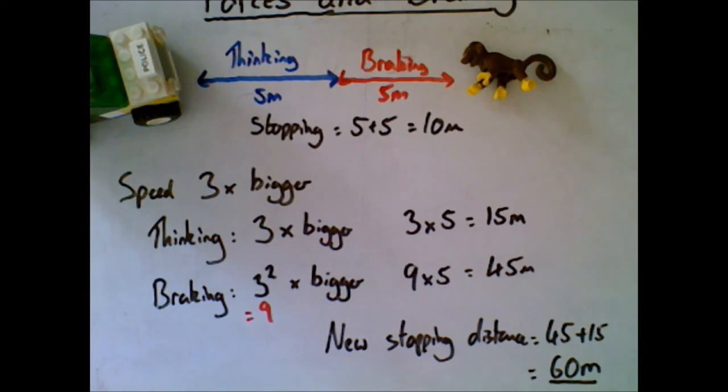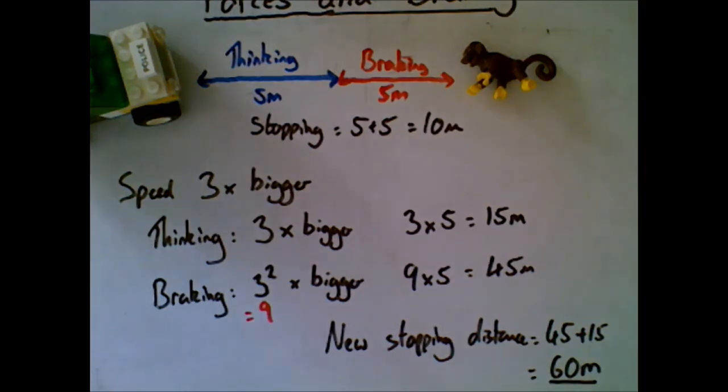But the point of doing that example there is this idea that thinking distance is directly proportional to the speed, braking distance is directly proportional to the speed squared. Okay, I hope that makes sense. That is certainly one of the most difficult areas of this topic. So if you kind of see what's going on, that's brilliant.